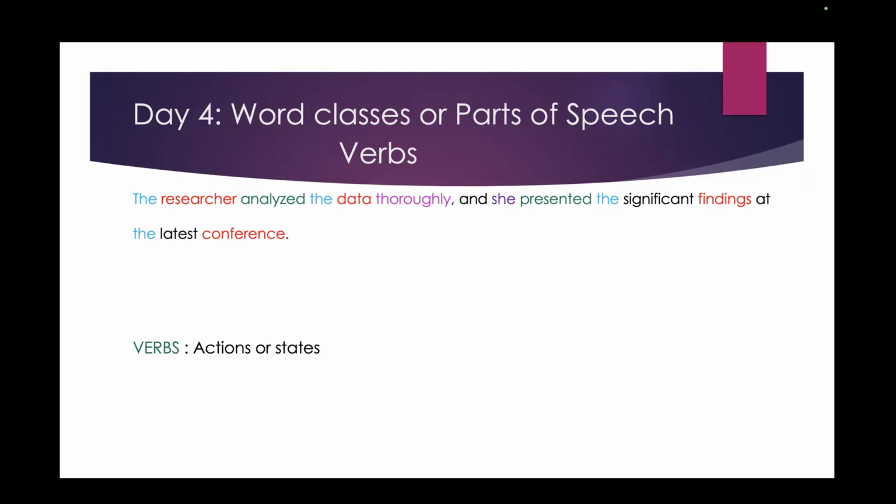But normally, if we have to describe or tell about the function of verbs, we can say that they describe actions or states. So here they are describing an action that regards an analysis that was done on the data and where this data was presented. So this is an example where verbs are used to describe actions.